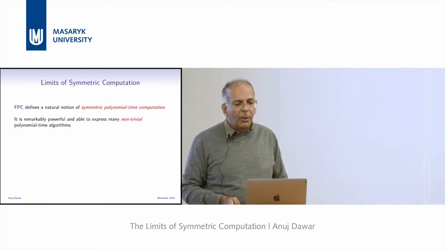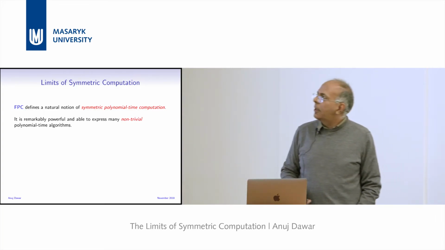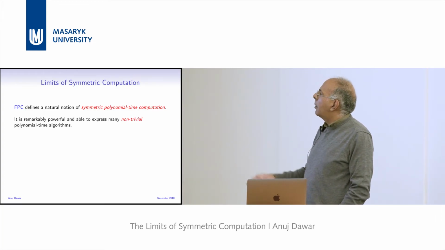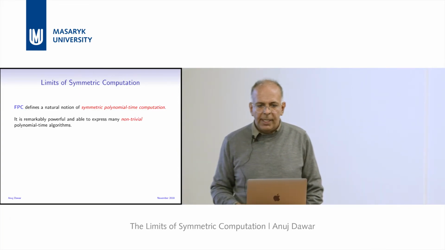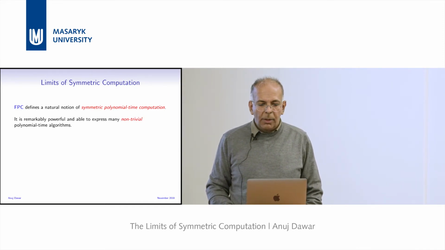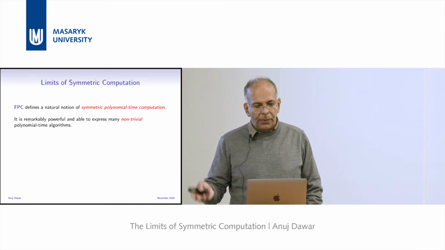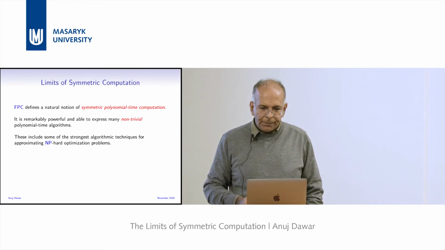And for that, I cited Grohe's result, for example, that any proper minor closed class of graphs is decidable in FPC. And things like the ellipsoid method for solving semi-definite programs and so on turn out to be in FPC.